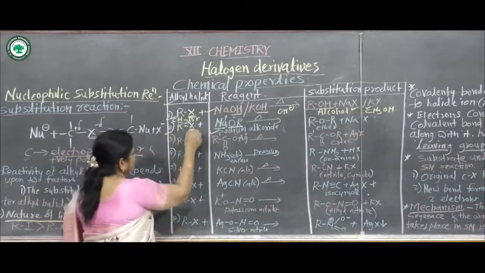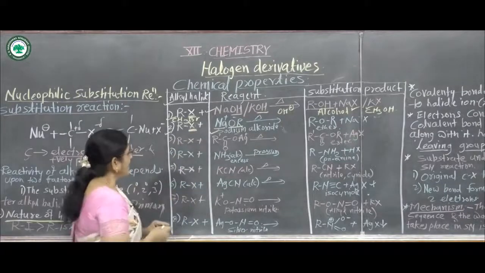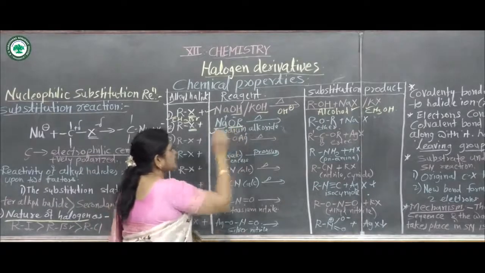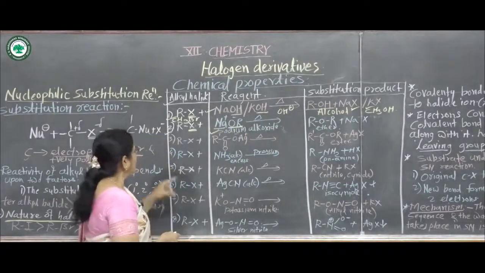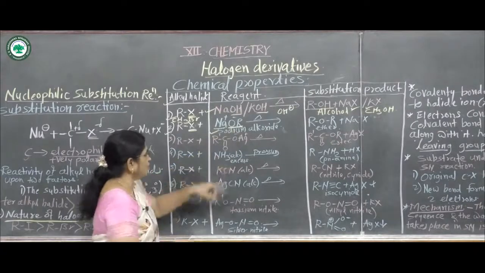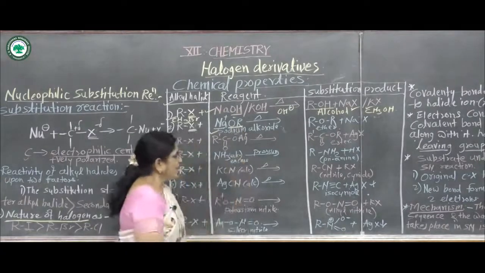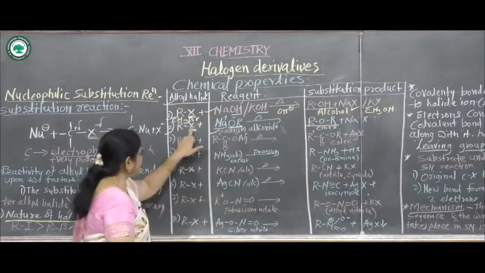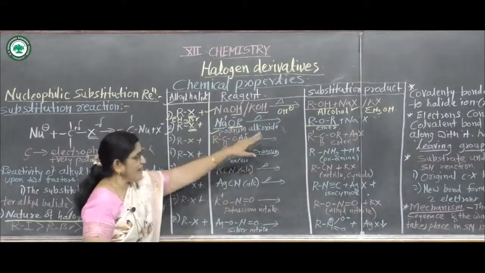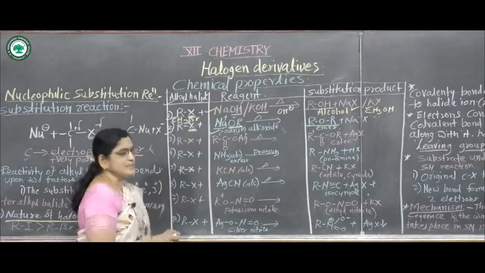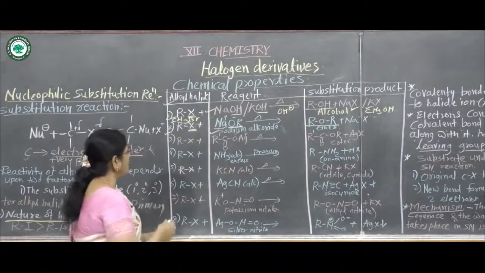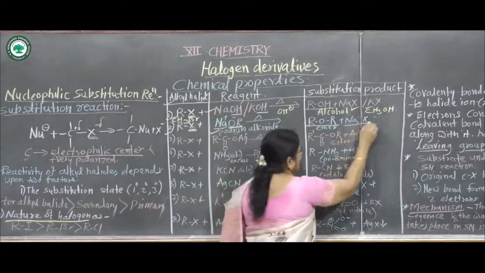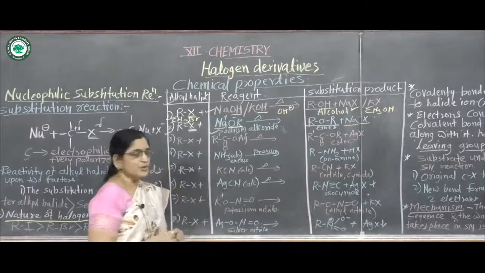Here also X means halogen. The halogen is replaced by the alkoxy group, that means the OR group, which is the nucleophile, and it gives which product? ROR, that means an ether, and the byproduct formed is sodium halide.